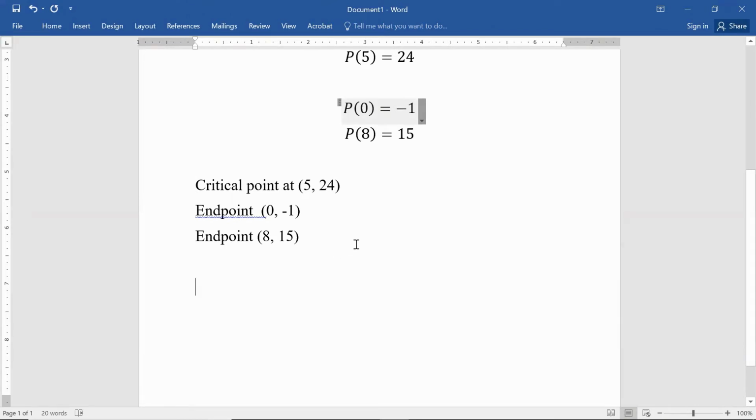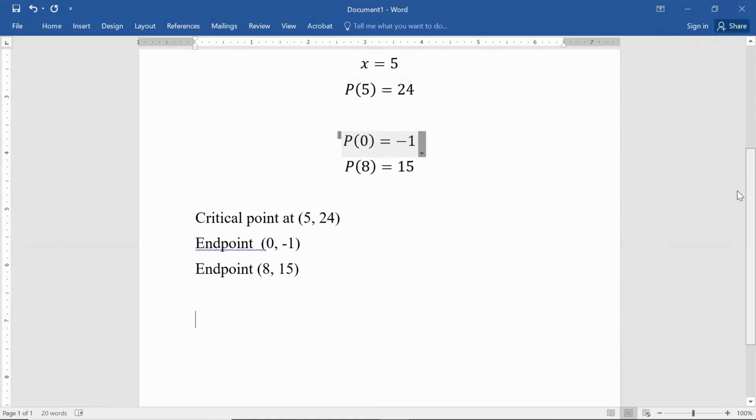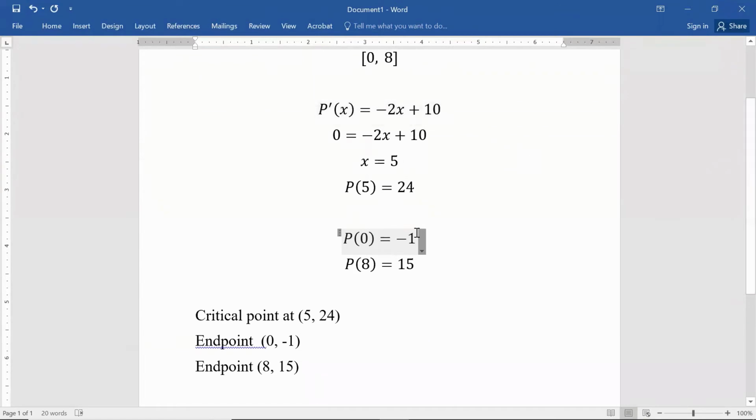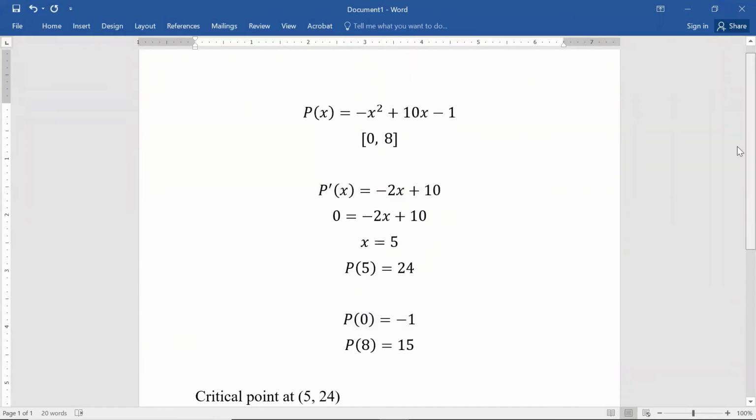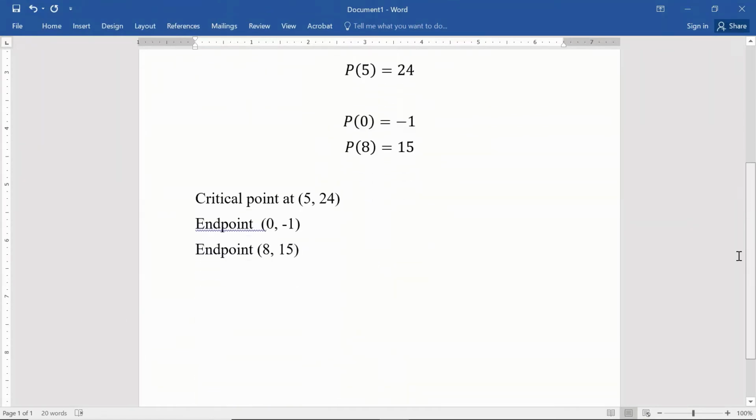Now, if I want to find which one is the minimum value on this interval, well, the minimum value has to happen at either a critical point or an endpoint. So the minimum has to be, by definition, this second one.